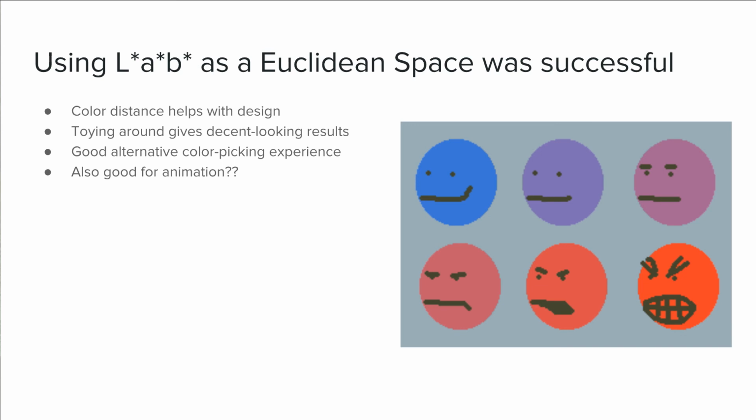Anecdotally, I found my own lab picker to be better than the lab picker used in Photoshop, and just other color pickers in general. It was much easier to come up with a set of colors that looked nice together. In certain tasks where I had to pick desaturated, more naturalistic colors, like skin tones especially, a real nightmare to pick everywhere else, it was a lot easier.